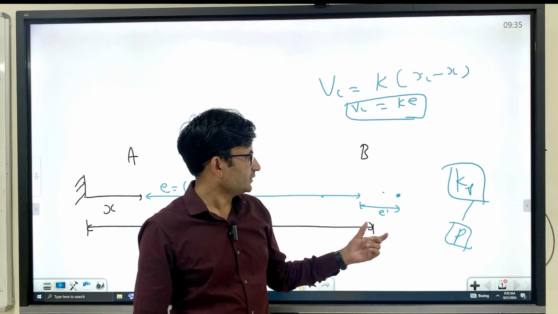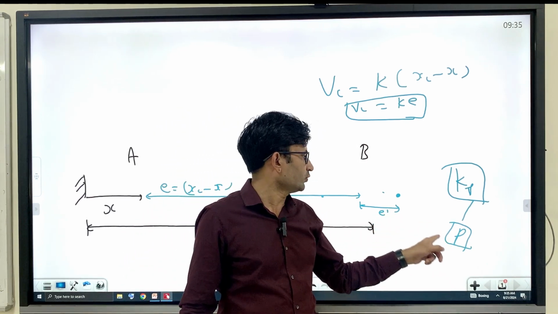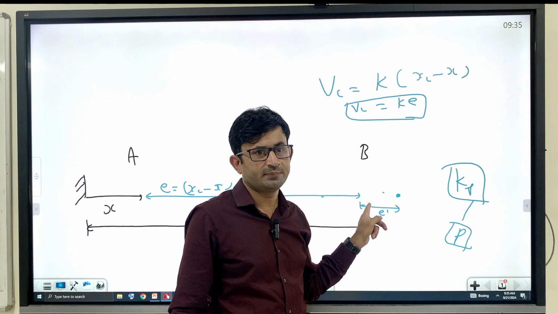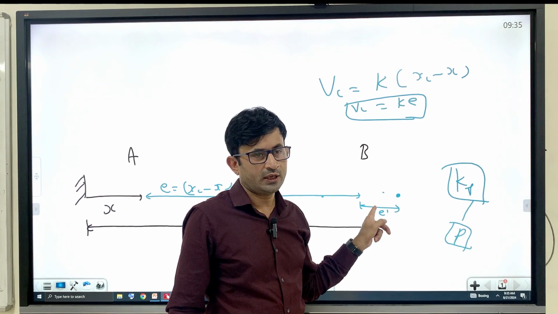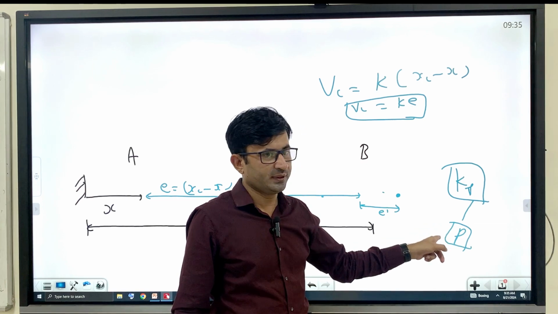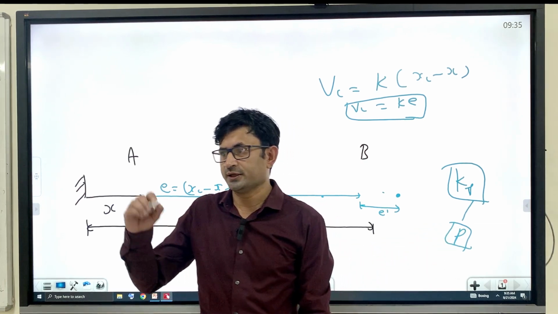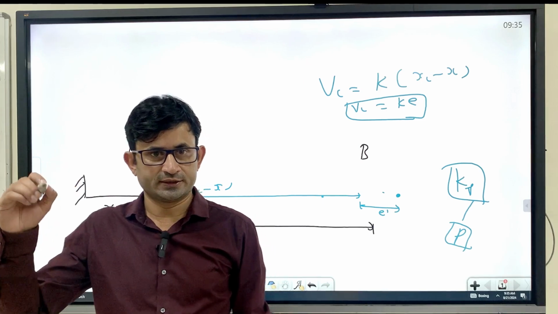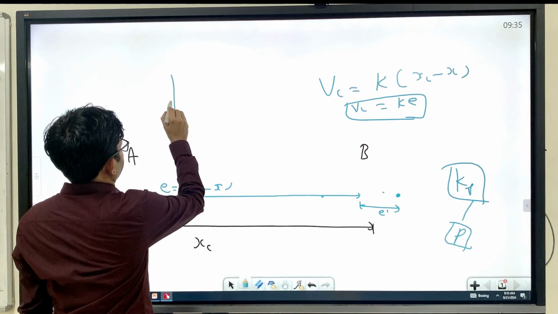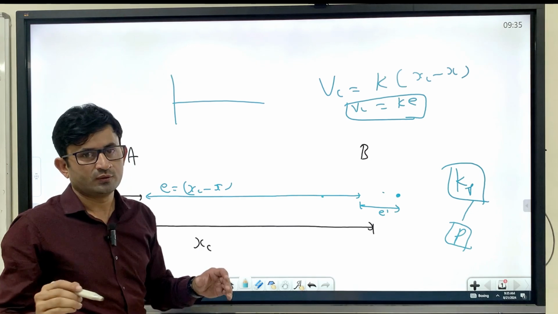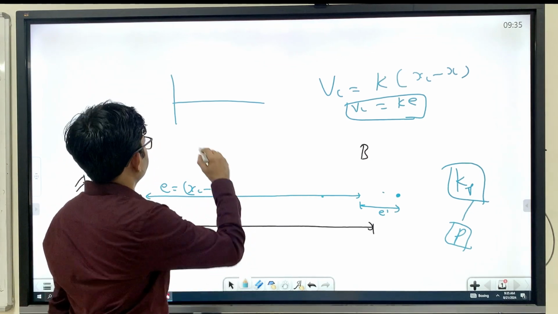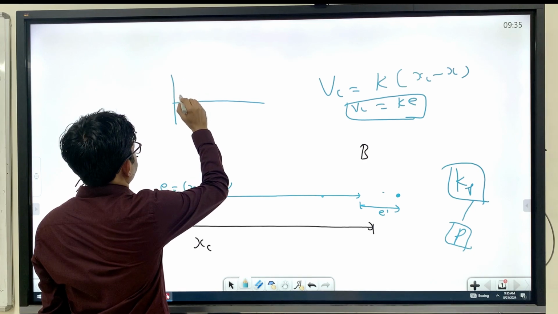That is why by using P only you cannot hold the position at B, and if you increase the P, your oscillation will keep going on, increasing and increasing. For example, let's say this is the first case where Kp was low. Then the oscillation can be like this.